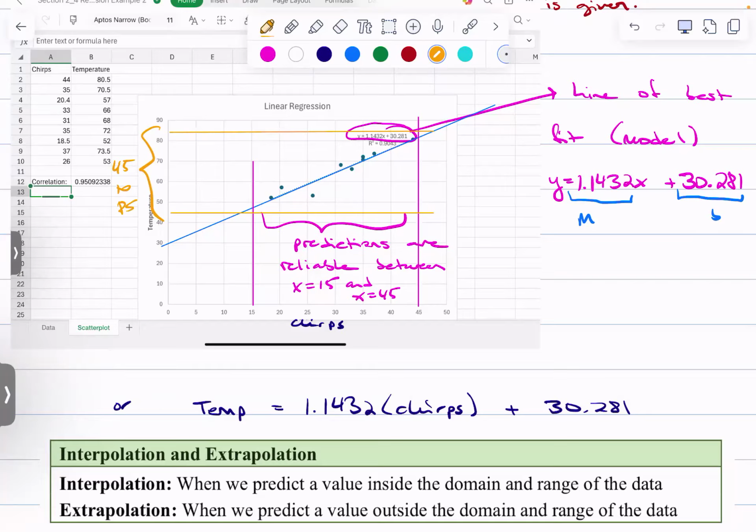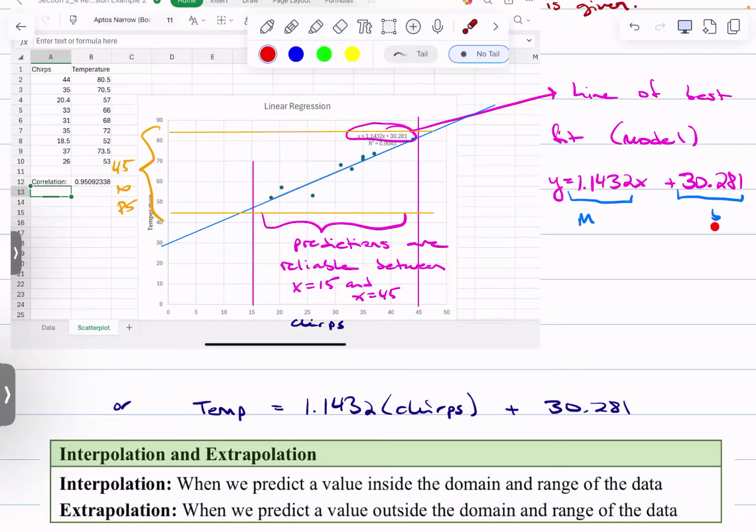Temperatures between 45 and 85 are going to yield relatively good, reliable predictions for the number of chirps, if you're working backwards. But anything outside of that would be an extrapolation. And so what does that mean? It's all coming together now.